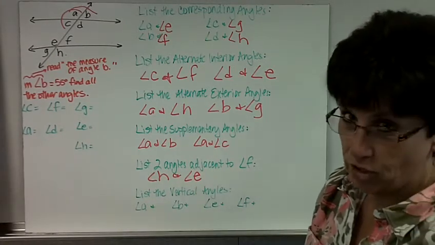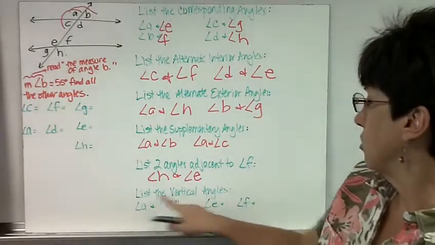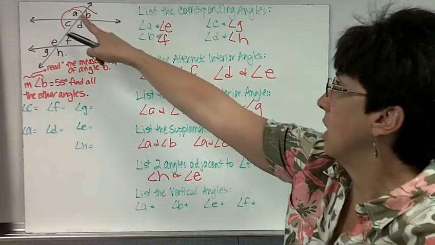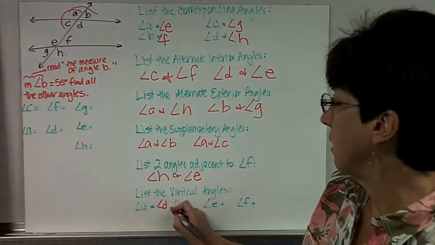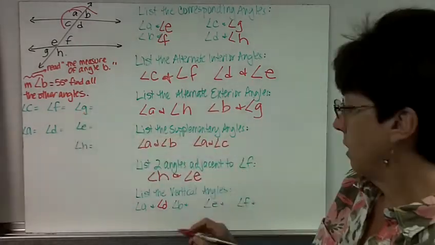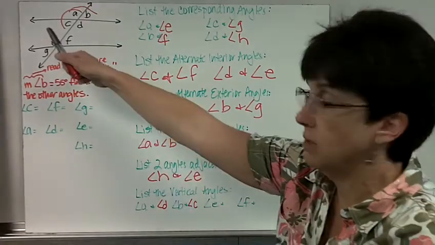All right. We don't want to forget about our vertical angles. Remember, vertical angles make a V. So let's list the vertical angles. Angle A, what does it make a V with? Angle D. Angle B is vertical to angle C. Angle E, what is it vertical with?